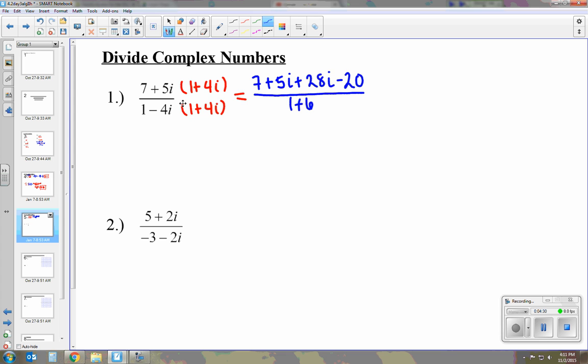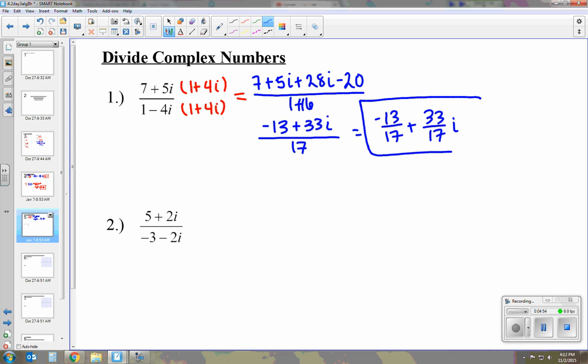So that's going to give us negative 13 plus 33i over, oh, that's a 16, 17. Now let's split this apart, and we have a negative 13 17ths plus 33 over 17i. There we go. Let's do our last example.